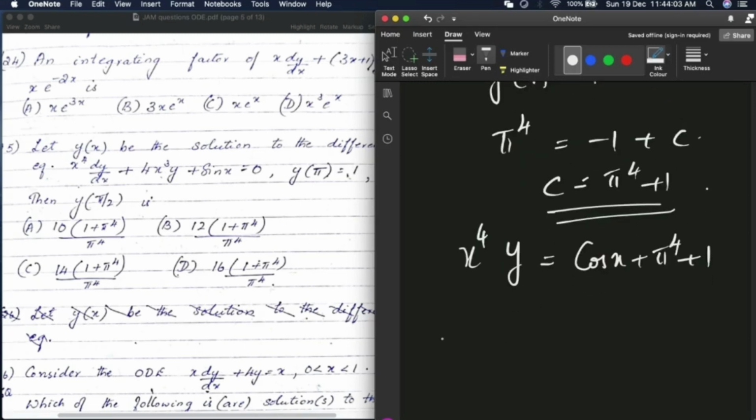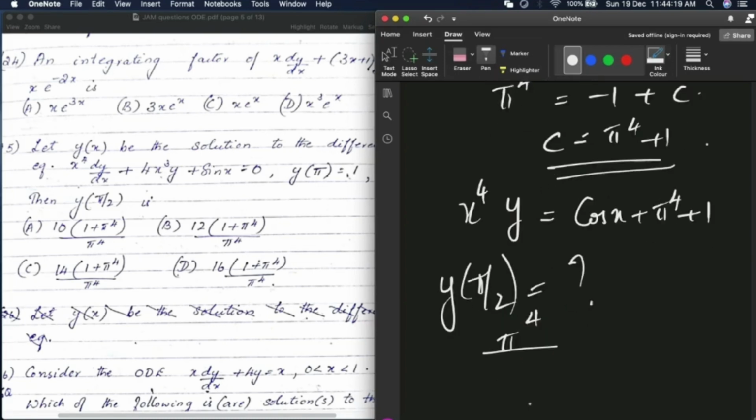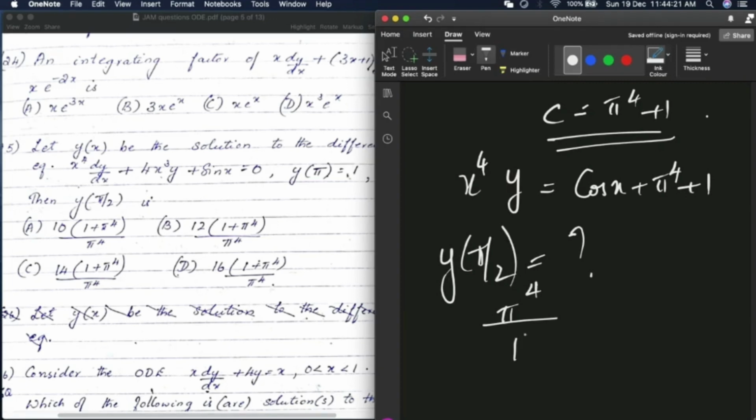So now you are asked to find y of pi by 2. Right? So this is pi raised to 4 by 2 raised to 4.